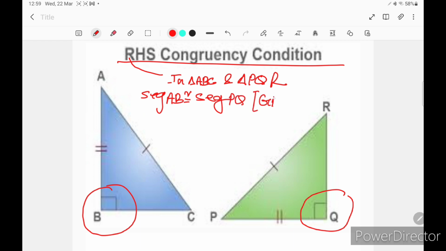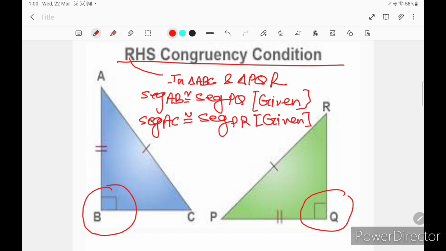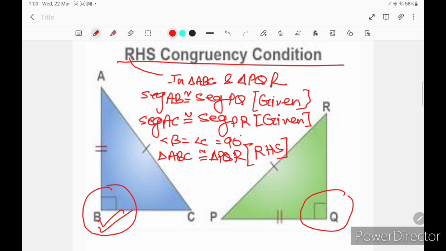That is your given. Segment AC is congruent to segment PR. That is also given. As it is shown in the diagram that one angle is 90 degrees. If you want, then write here angle B is equal to angle C is equal to 90 degrees. Otherwise, directly write triangle ABC is congruent to triangle PQR, and the criteria is RHS.